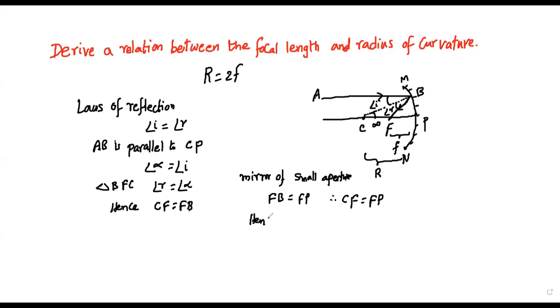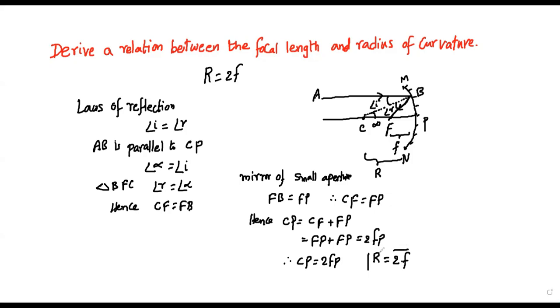Hence, CP, the total length, is equal to CF plus FP. So what is CF? FP. FP plus FP is equal to 2FP. Therefore, CP is equal to 2FP. What is CP? Radius of curvature is equal to 2 of, what is FP? Focal length. Hence, R is equal to 2F, which is proved.